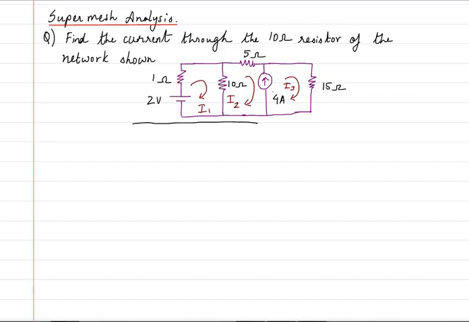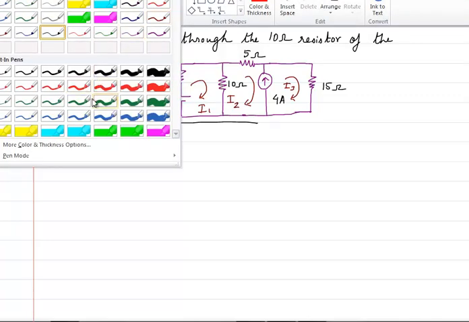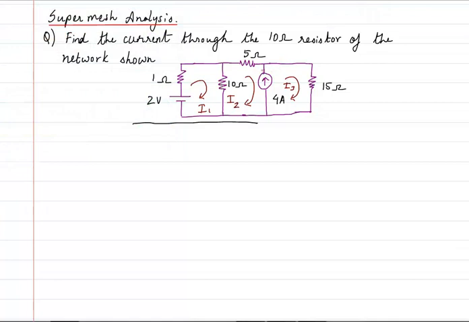So it's not possible. So what we do instead is we imagine that we are going to have something called a supermesh, where we combine both meshes together and draw something called a supermesh.